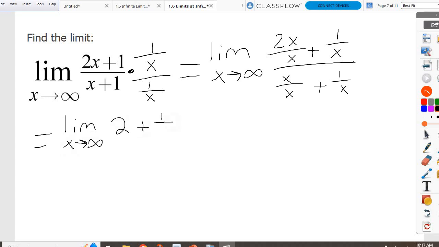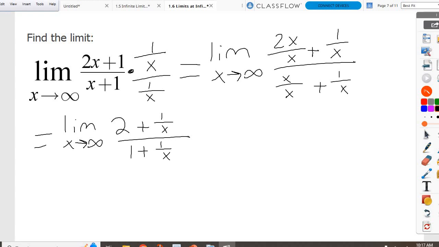I can't simplify 1 divided by x. Okay. x divided by x is 1. Now, remember, our limit properties tell us that technically I can look at the limit of the top divided by the limit of the bottom, and because we're adding, I can look at the limits of each of those separately now. We all agree?